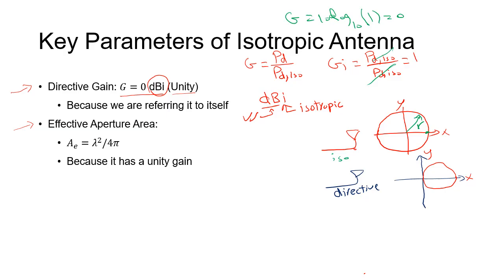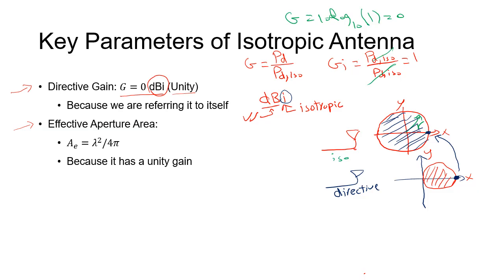What will happen is that this area should be the same as the area of the isotropic, because it's the same power, right? If you integrate, it should be the same. So this means that if you compare the gain at this specific point on the x-axis, the relative value between the directive antenna and the isotropic is some number in dB, and since it is a compared value, we add the i.